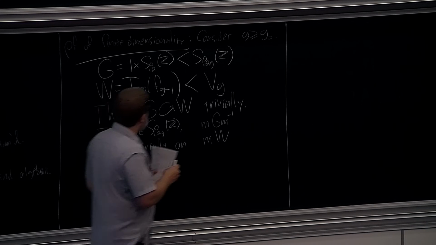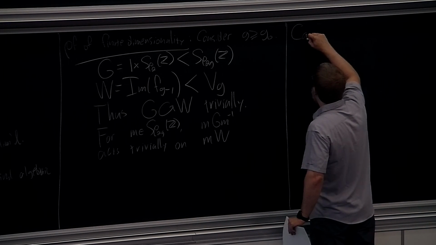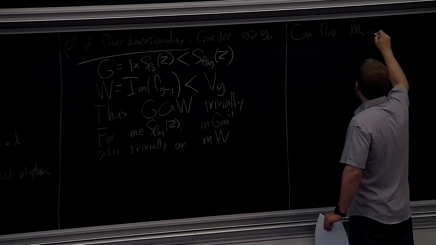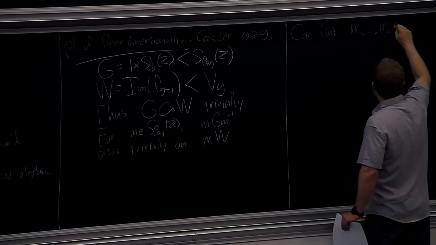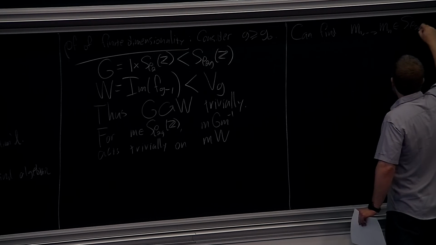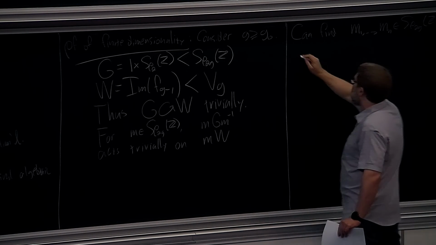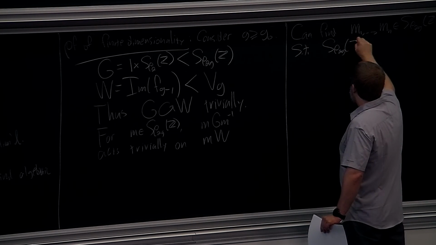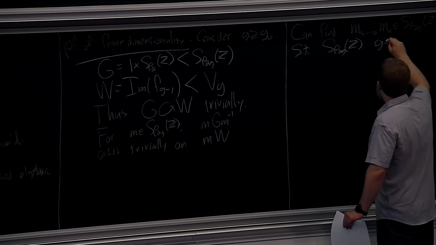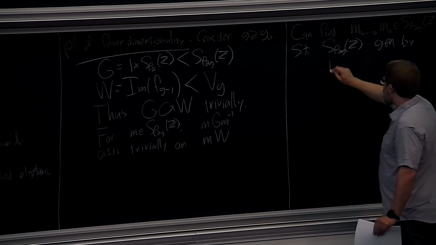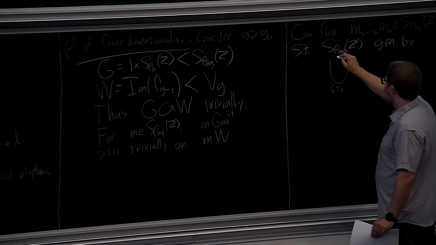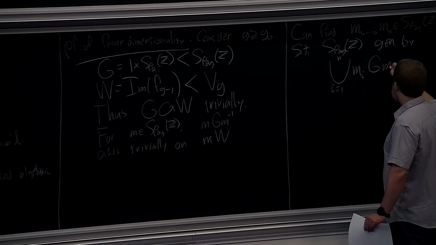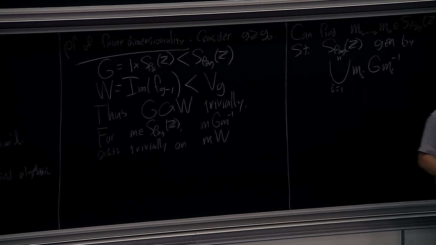So we can find M_1 through M_n inside Sp_2g(Z) such that Sp_2g(Z) is generated by the union, as i goes from 1 to n, of the conjugates M_i G M_i inverse.